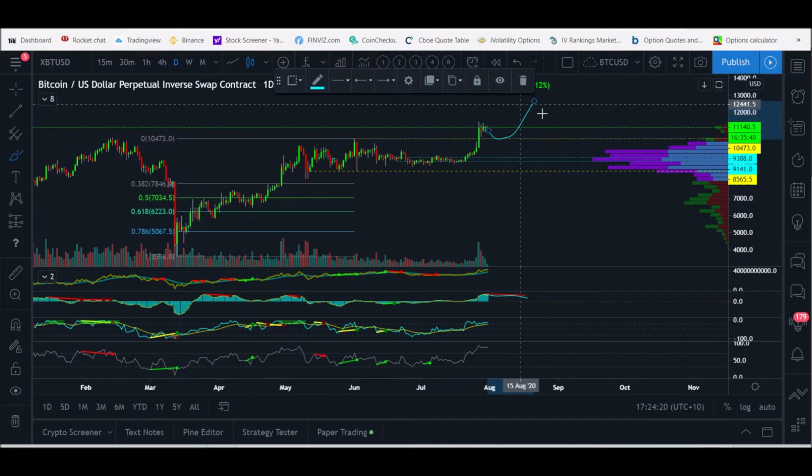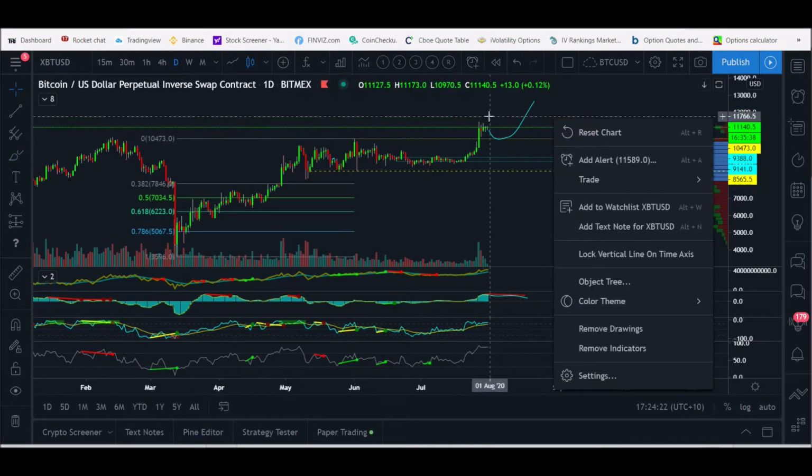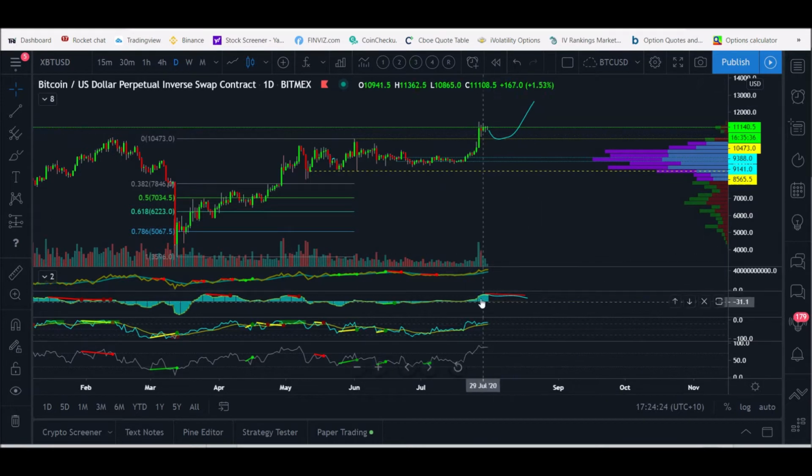So basically price is making higher highs while the histogram is not. I'd like to see that, more of a confirmed bearish divergence, but as of now there is no big rush to go in short on the daily here.